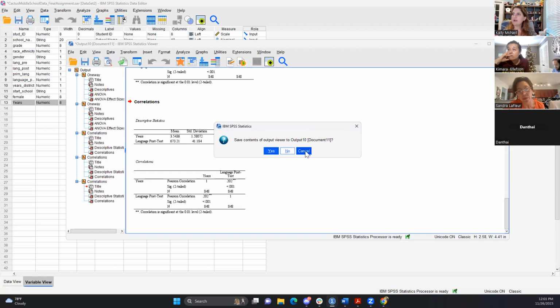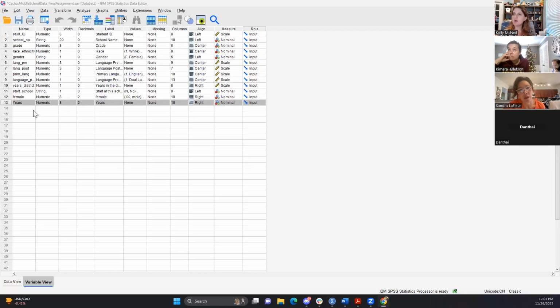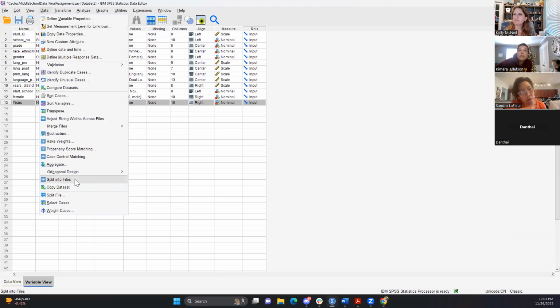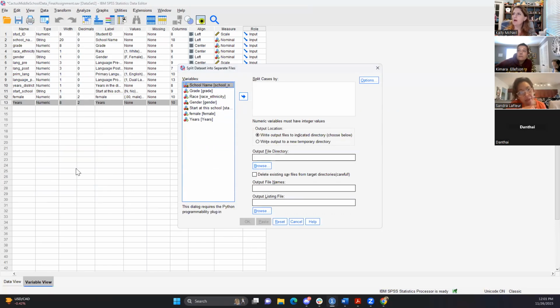I think I'll keep adding to this one just in case, because we've got a lot that's mostly worked at the top of this one. So we want to split data. Data, split file, and then years.